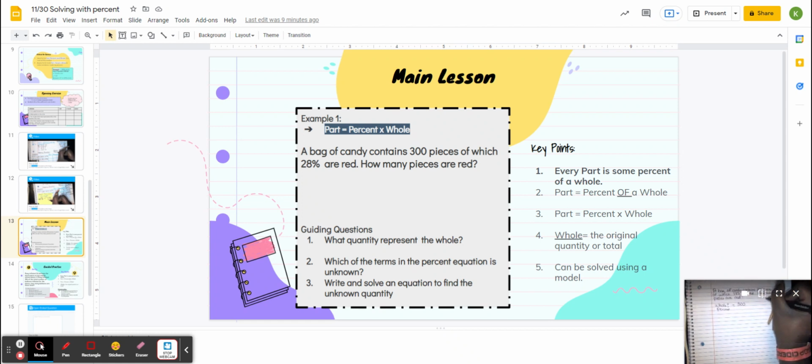So first thing, make sure that you identify part, percent, and whole. Sorry, this is my key points, guys. I forgot to write that on the side.